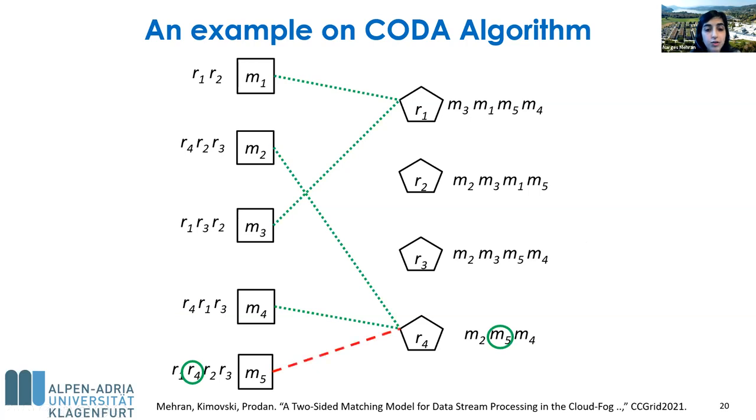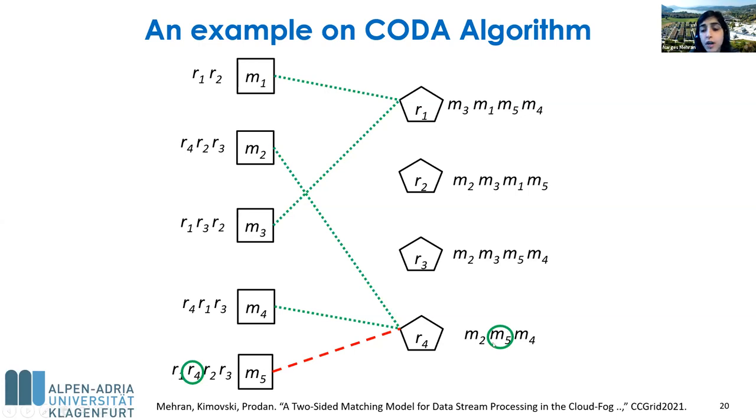M5 will look into its preference list because R1 doesn't have enough utilization to host M5. Then it tries to be matched to R4, so it proposes to R4. R4 looks into its preference list and says that M5 is ranked, but R4 actually doesn't have enough capability in terms of CPU, memory and other resources to host M5.